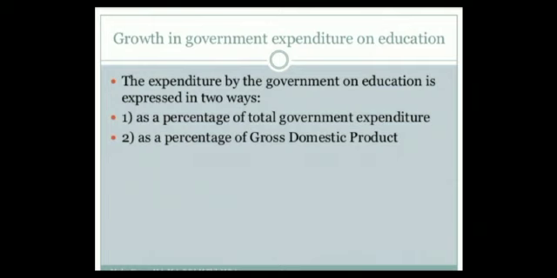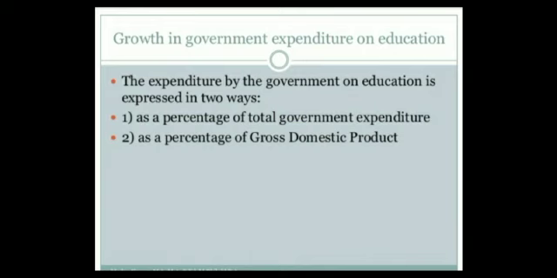Growth in government expenditure on education. The expenditure by government on education is expressed in two ways. First, as a percentage of total government expenditure, it indicates the importance of education in the scheme of things before the government.